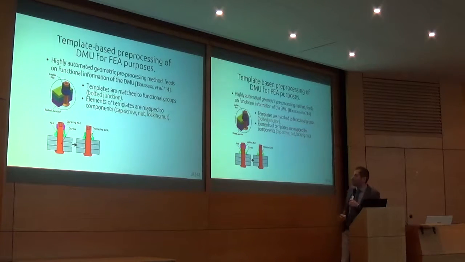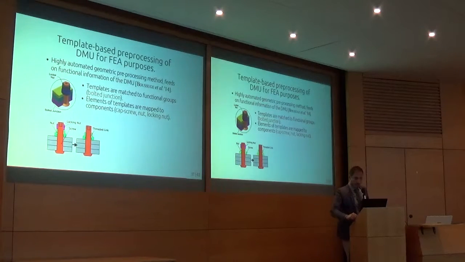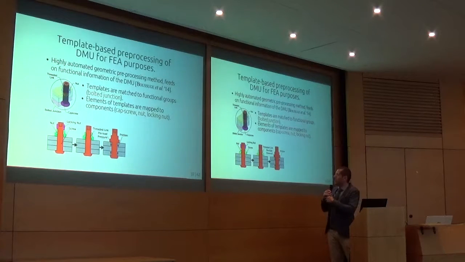Then once a bolted junction is detected, locker nuts are spotted using their functional designations and removed according to the template. Once this is done, interfaces of loose fit, well, threaded links first. Threaded links dictate that objects at both sides must be joined, must be merged, as the examples show.